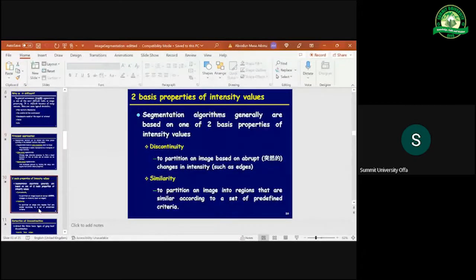What are the basic properties that we look out for when we want to do image segmentation? These two processes are based on what is called intensity value.